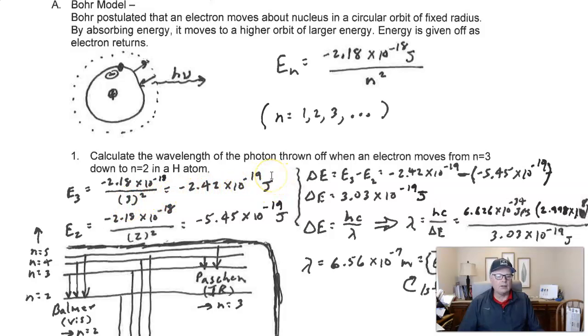Now, don't get too freaked out about the negative sign here. How can you have negative energy? Well, it's a sign convention thing. In physics, anytime you have a bound system, for example the Earth revolving around the sun, the total energy of that is negative.